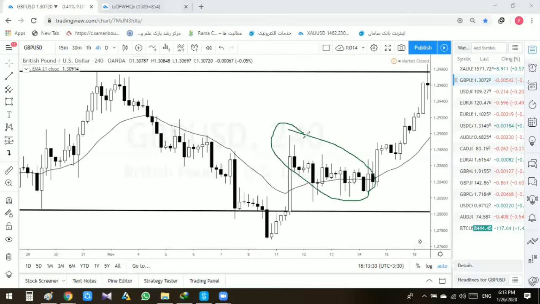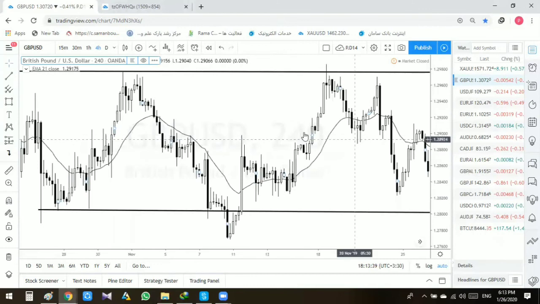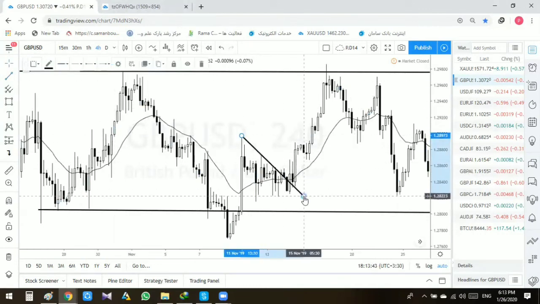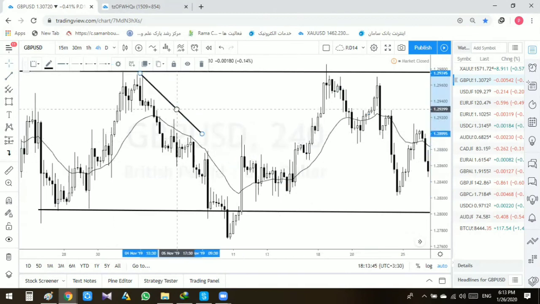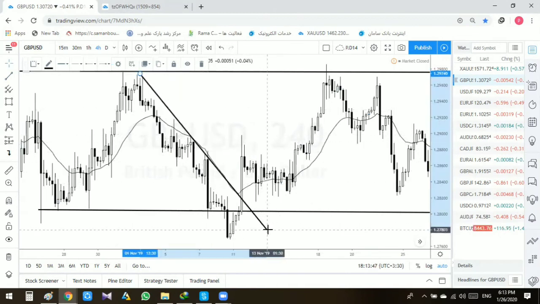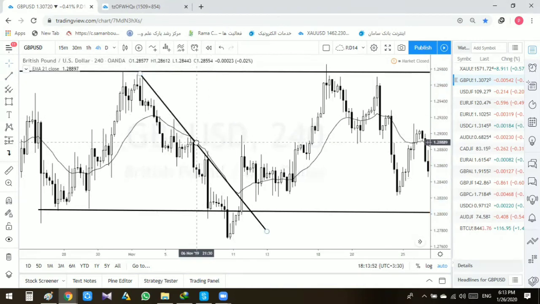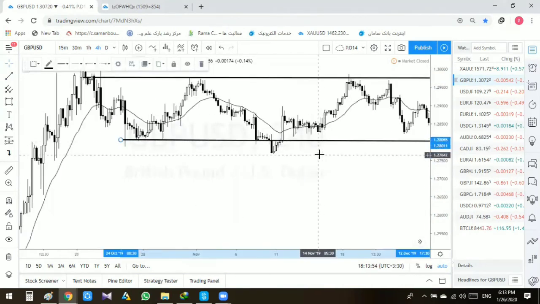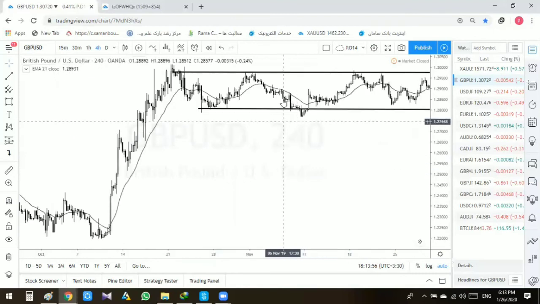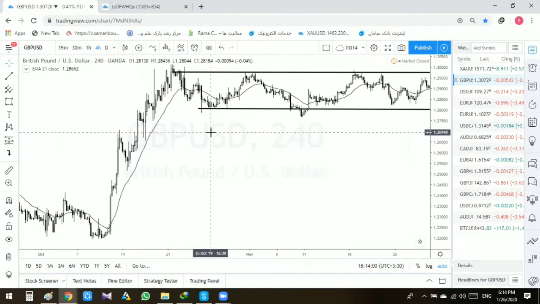After the fake breakout, we could be in buys, and I'm pretty sure I could have this one as well, and this one as well, both of them. Anyway, and price rejected the support again, so I am in a range right now.